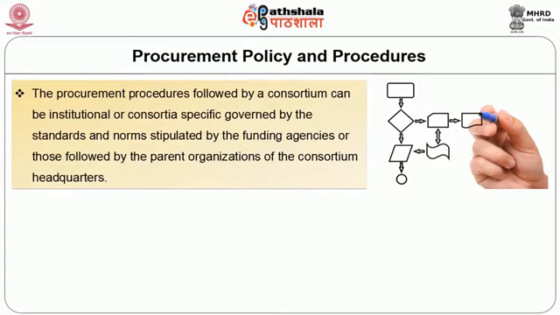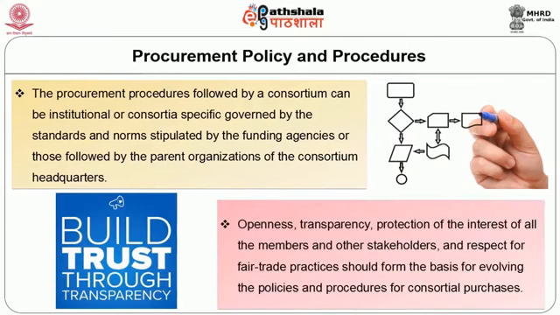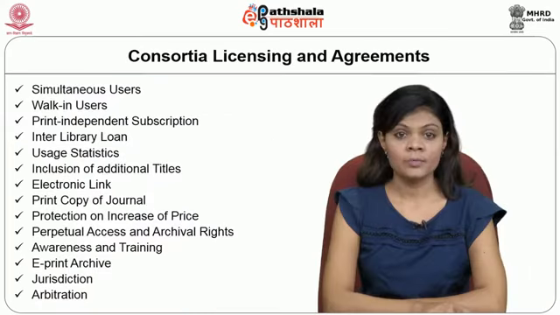If a consortium is formed out of a diverse group of member organizations, evolving a common policy for procurement and management could be a challenging task. Openness, transparency, protection of the interests of all members and other stakeholders, and respect for fair trade practice should form the basis for evolving the policies and procedures for consortium purchase.